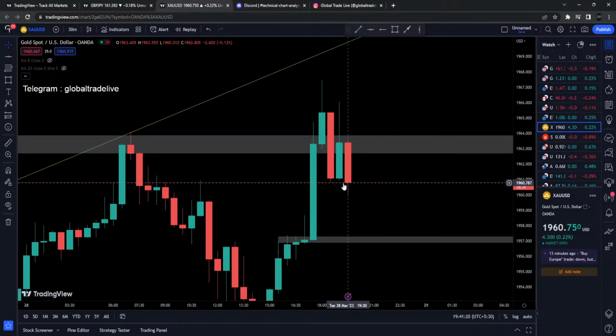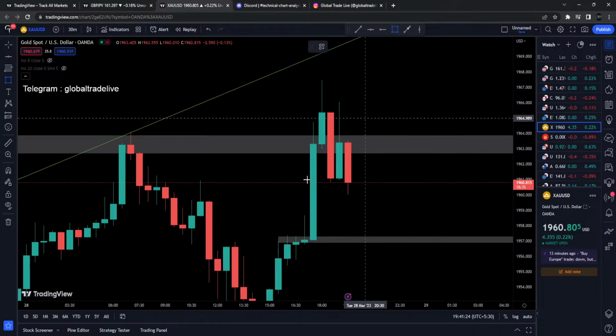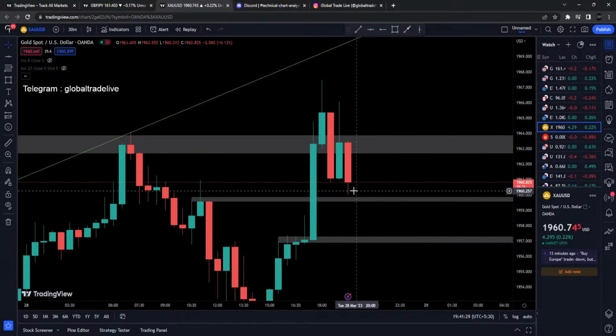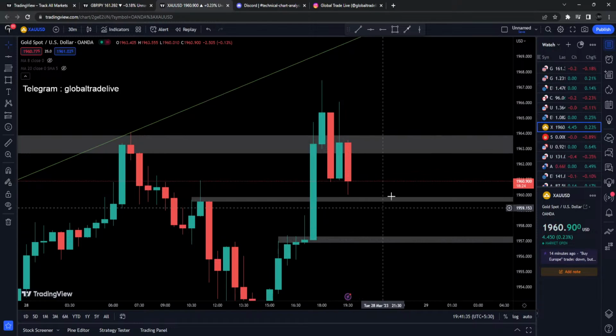So the market is facing some issues at this level. It really has to get some heavy volume to push the price all the way down in this area.